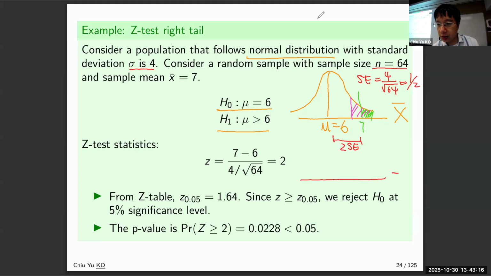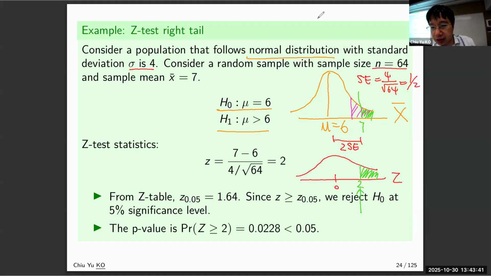If 2 SE, then basically you can rewrite this as the following, right? Because this is 2 SE, so this is 2. So we want to know this area. Okay. From number to area, right? Excel will tell you the area on the left hand side.